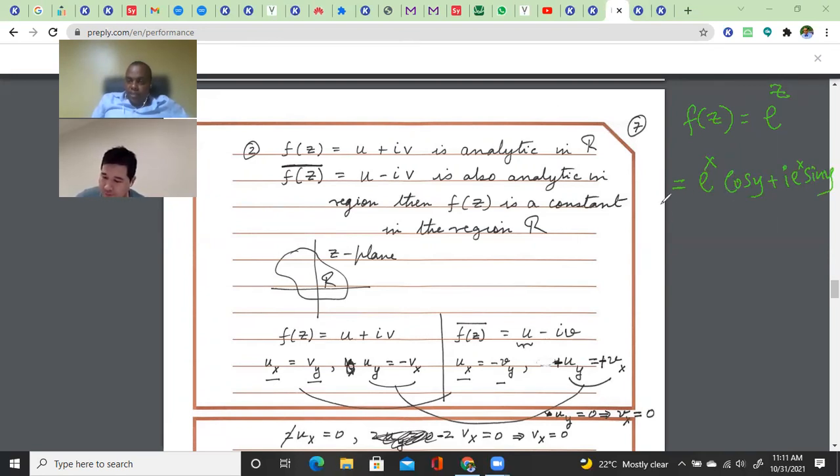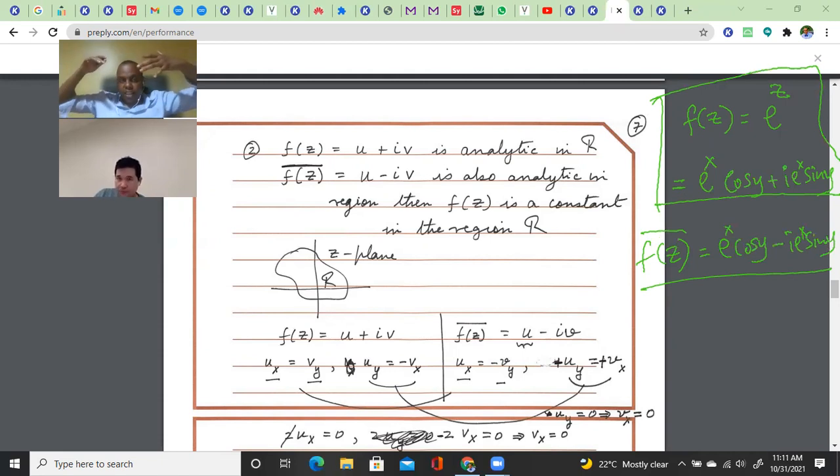So if this function is analytic, then number 2 says that its conjugate, which is e^x cos(y) minus i e^x sin(y), is also analytic, because the first function is analytic. There is no need to check whether this second function is analytic.